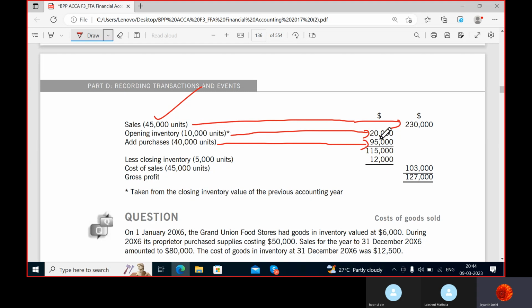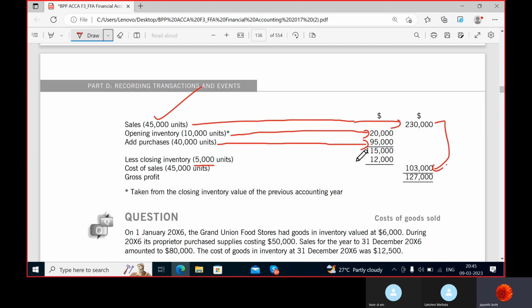We did not sell them, so we took it as opening inventory this year. 40,000 units we purchased and the cost is 95,000. And this year also we did not sell 5,000 units. So what we are not selling, we'll remove from the units we have, so that we only take those units which we are selling and the cost of those units, to match with the revenue of the units we are selling.